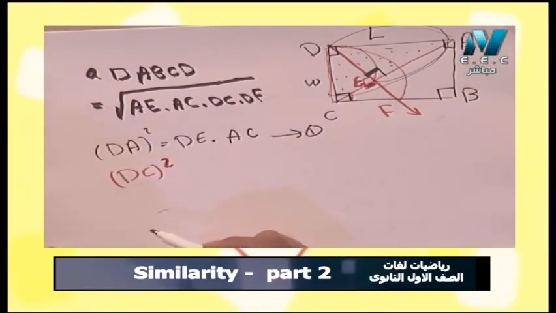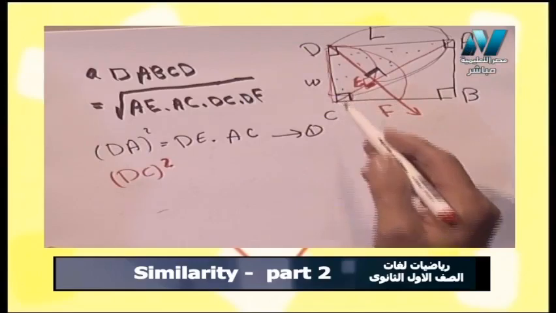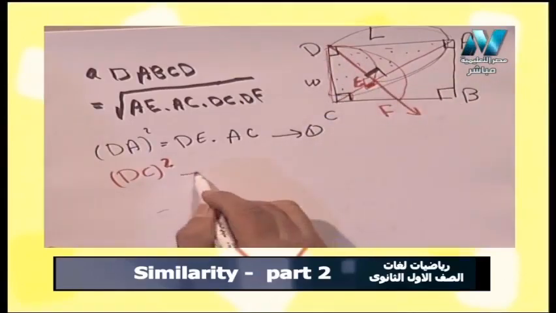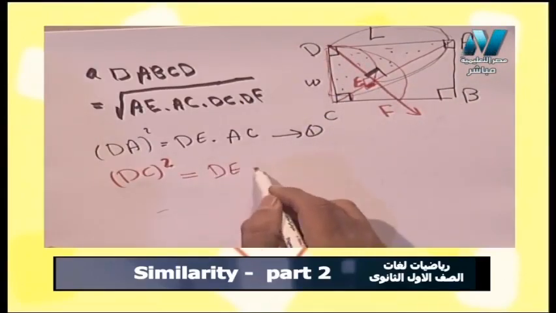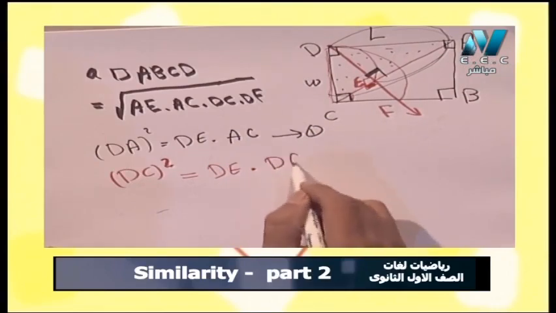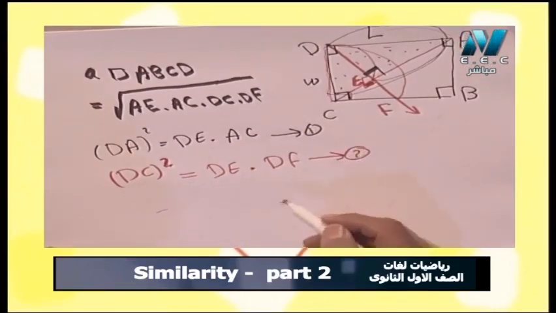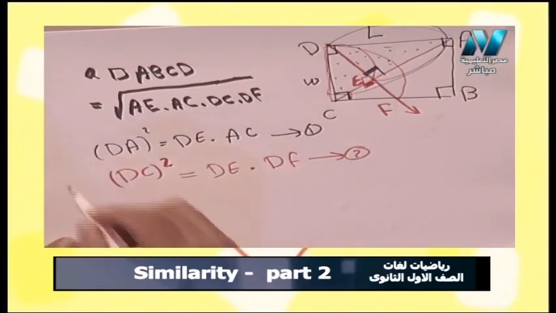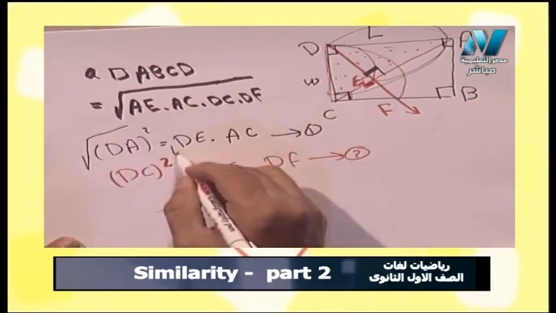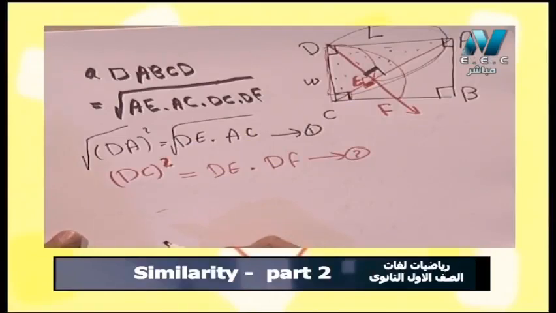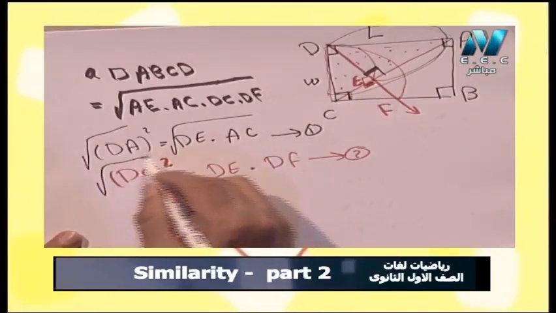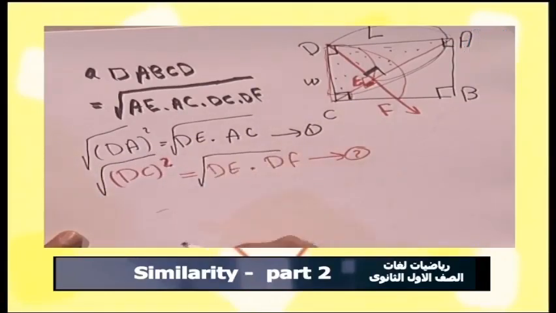So DC power 2 equals DE multiplied by DF. And we have to find the square root for the two sides here, to find DA only, and put square root to the two sides here also to find DC only.